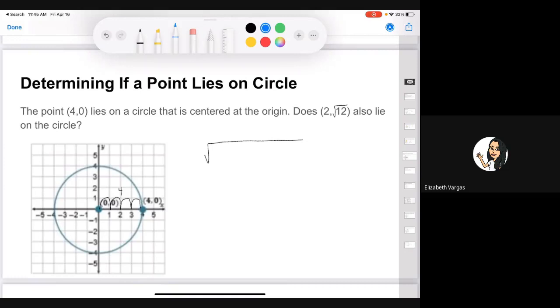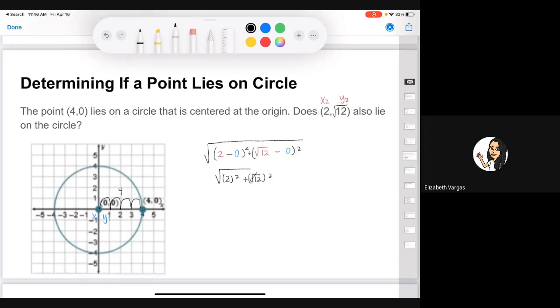My 0, 0 will be my x1 and my y1. And this will be my x2 and my y2. So 2, square root of 12, 0, 0. That gives me square root of 12 times 2.